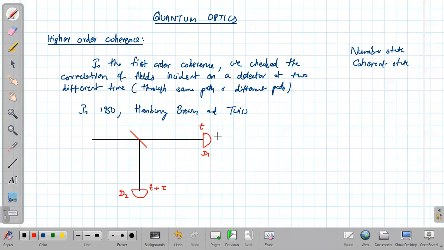We can design it accordingly. However, the distance from the beam splitter to D1 and from the beam splitter to D2 are the same. We can keep a box here which controls tau.